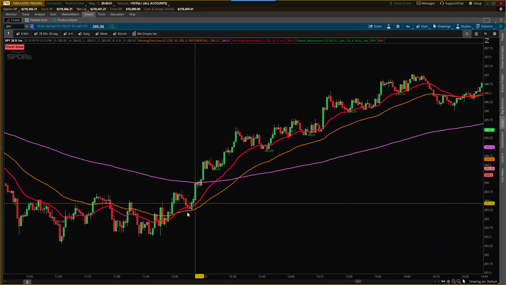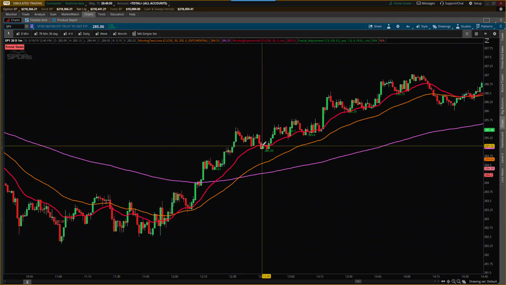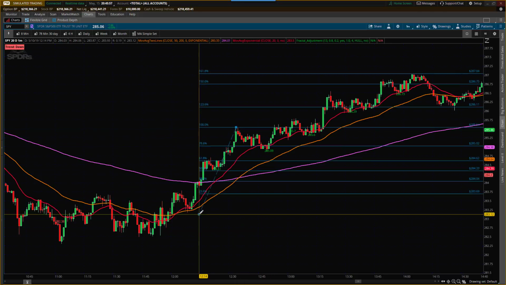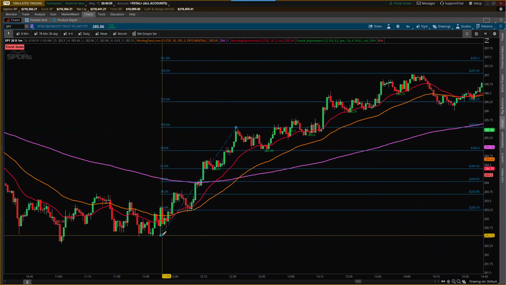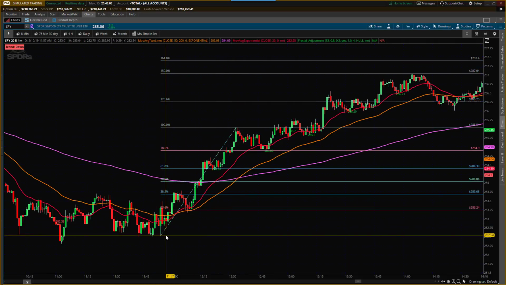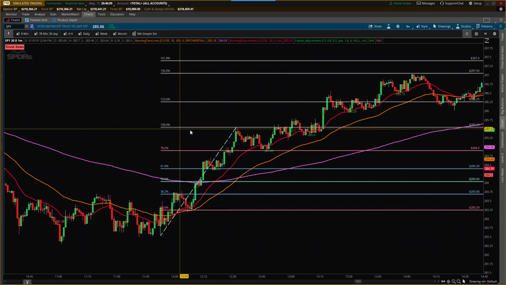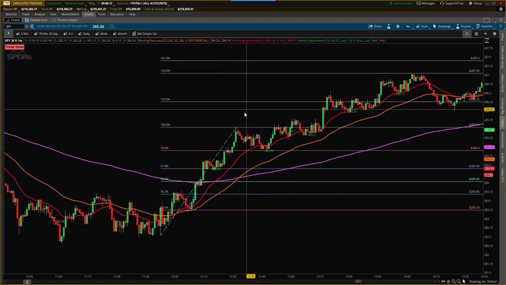So, one thing I want to point out, if you are using your Fibonacci and it has an extension at the top of it. So, for an example, right here, the Fibonacci is from 0 to 100, but you can see that there are more lines up here. It's got an extension at the top of it.